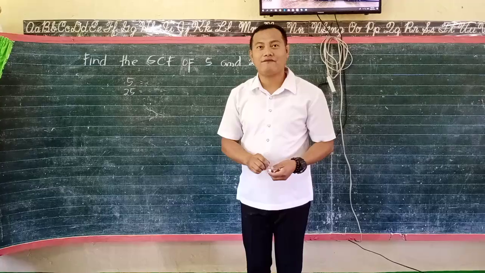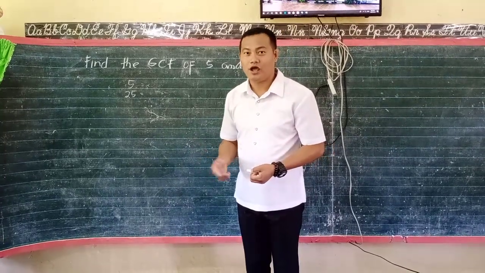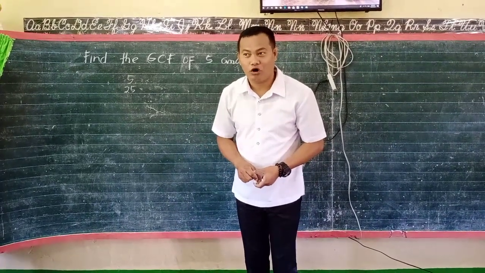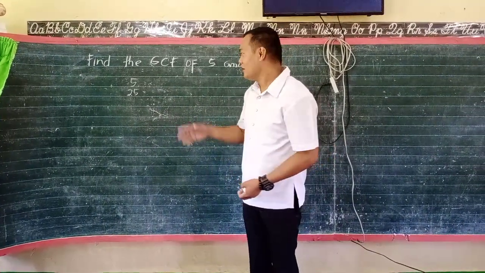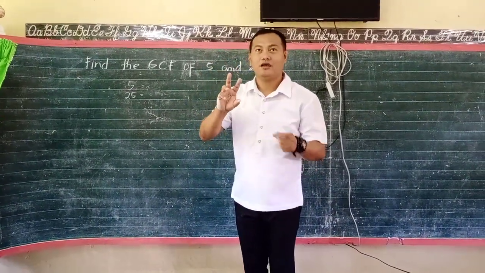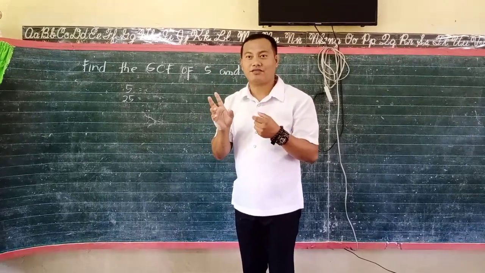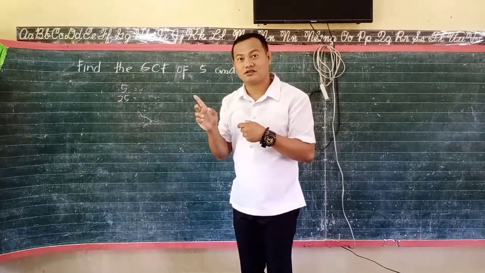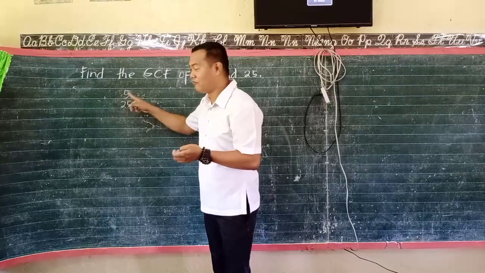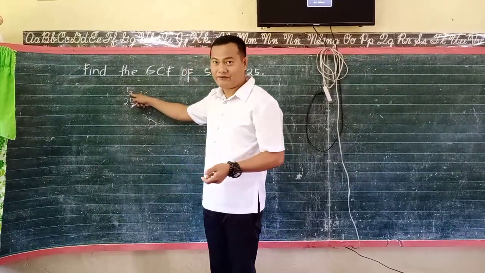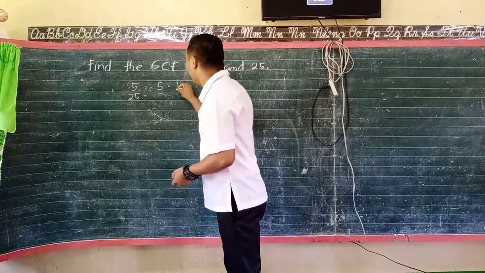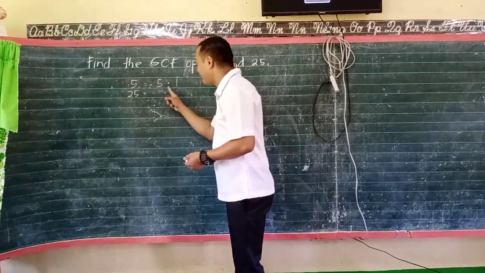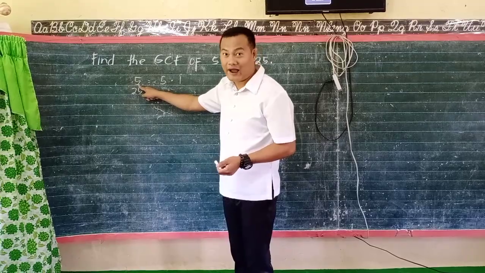First, we can find the factors of a number using the factor tree. Or if you don't want to use the factor tree, you can think of numbers wherein if we get the product of those numbers, the result is the original number. For instance, the factors of 5 are 5 and 1, wherein if we get the product of 5 and 1, the result is 5.